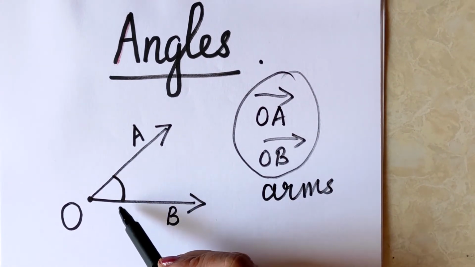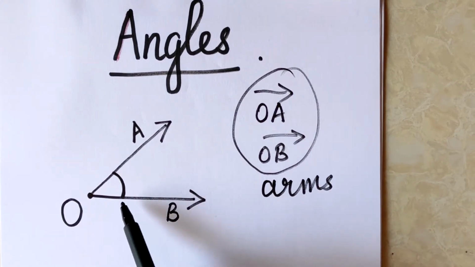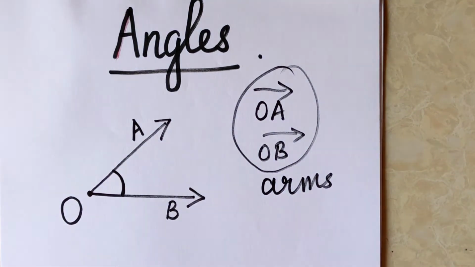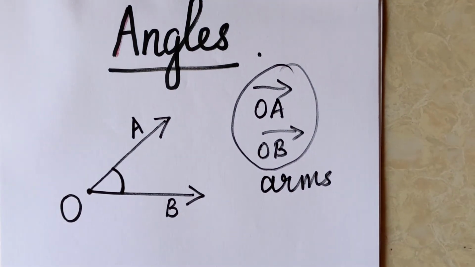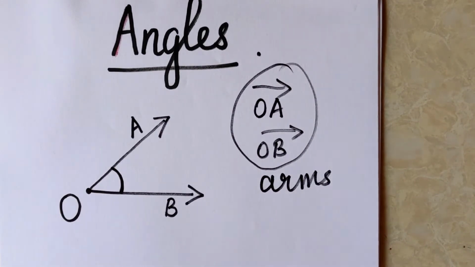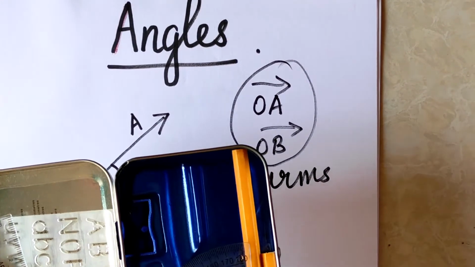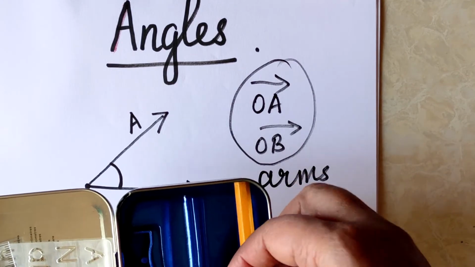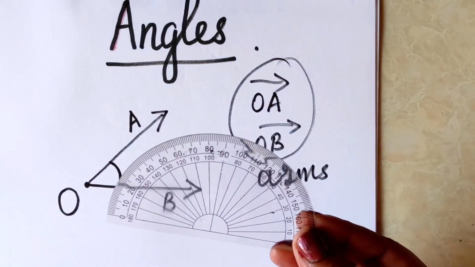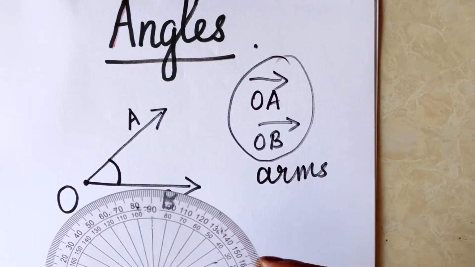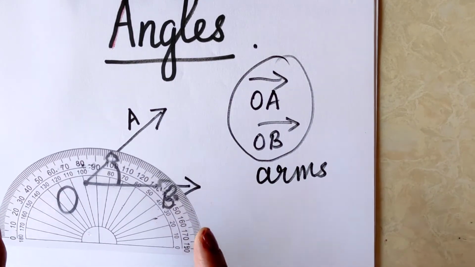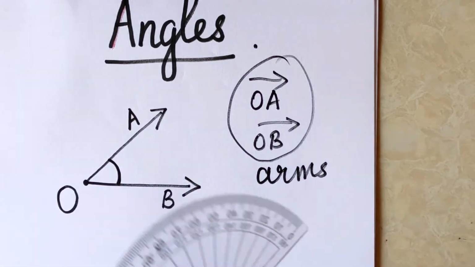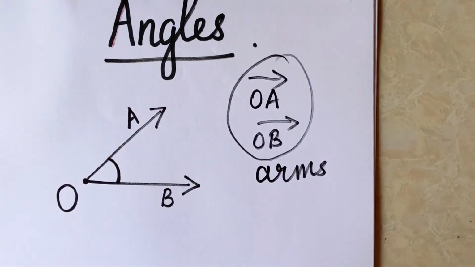How is this angle measured? Measuring angles you are going to learn in the higher class. From my geometry box, I'm taking the instrument we use to measure an angle, which is called a protractor.